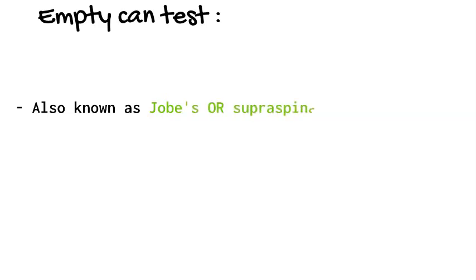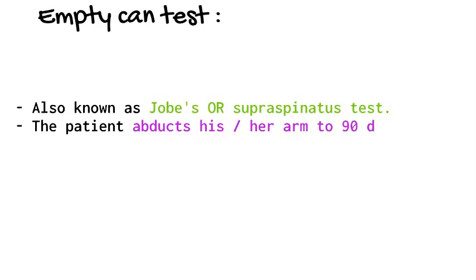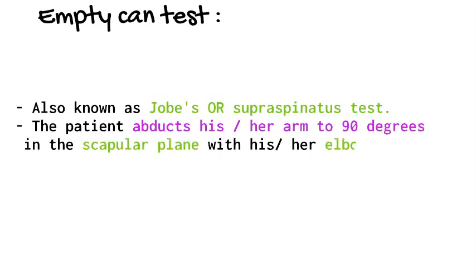For the empty can test, also known as Jobe's or supraspinatus test, the patient abducts his or her arm to 90 degrees in the scapular plane with his or her elbow extended.